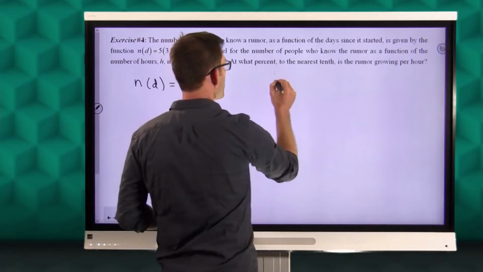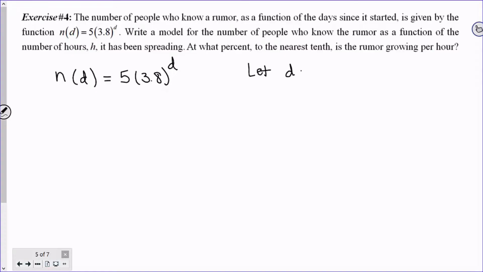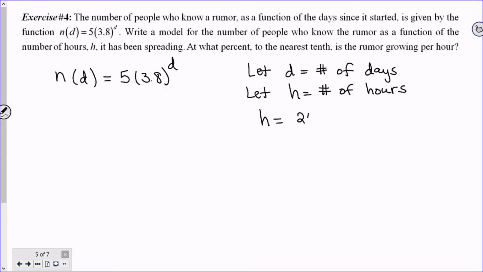So, if d is the number of days, and let's let h equal the number of hours, well, how do these two relate to each other? The number of hours will always be 24 times the number of days.